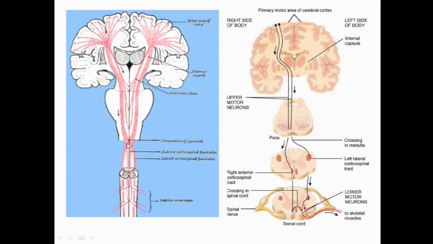Those that do not decussate stay on the same side as the anterior corticospinal tract, and in the spinal cord they terminate at the gray horn. Now there is arousal of alpha and gamma motor neurons as lower motor neuron fibers, and they stimulate the skeletal muscle. Okay.